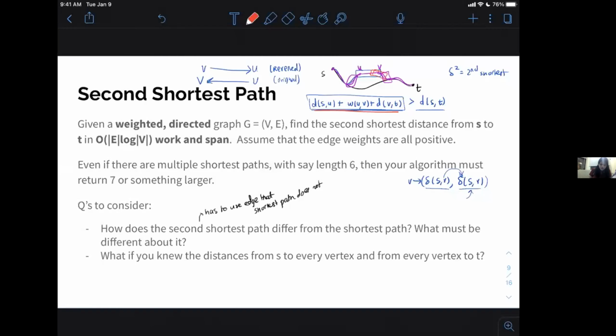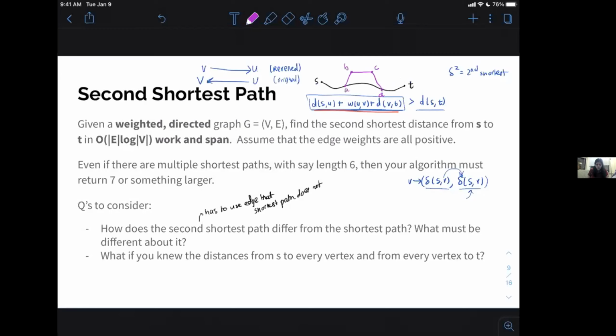So let me actually make this out better. Let's say that your shortest path from S to T looks like this, and then you have three edges where it diverges. So let's say A, B, C, and D, right?